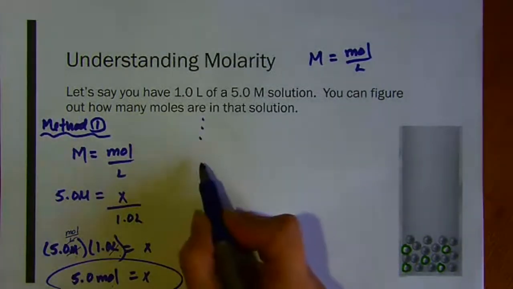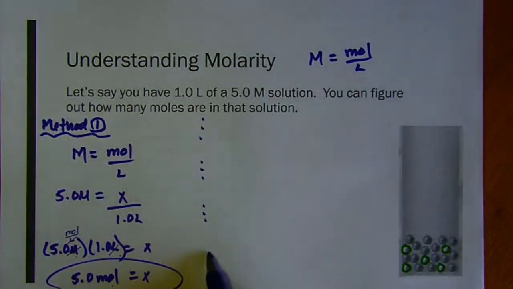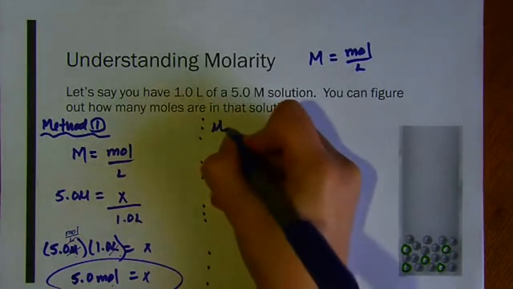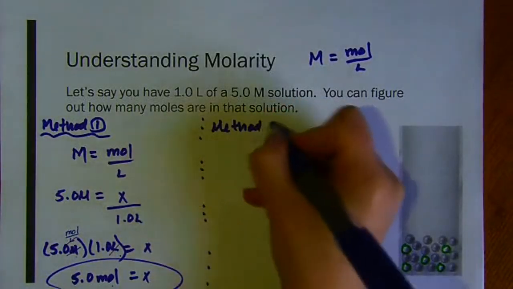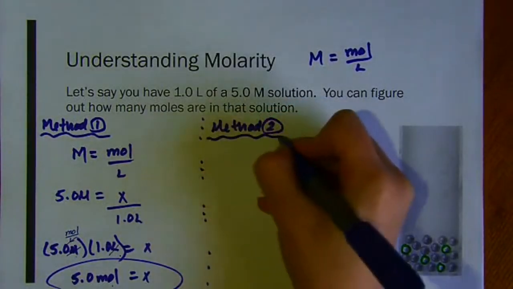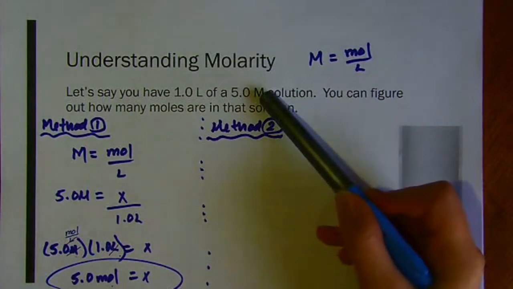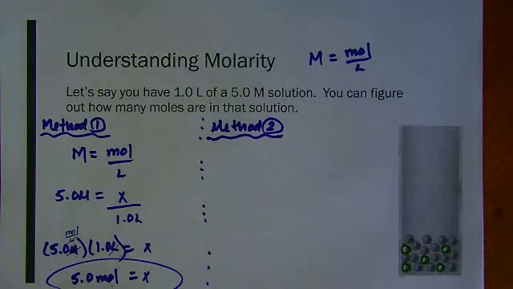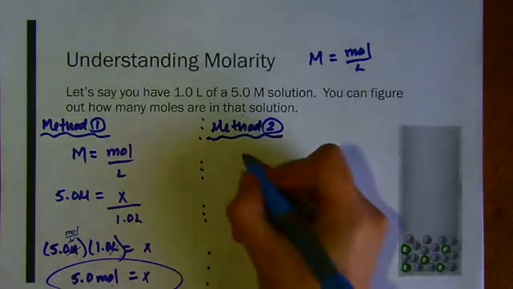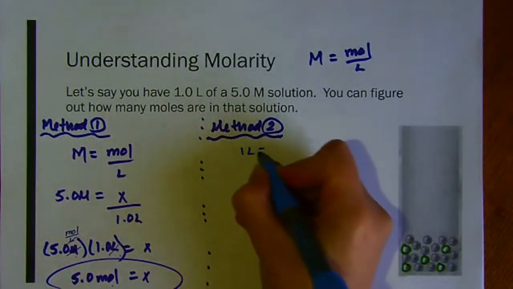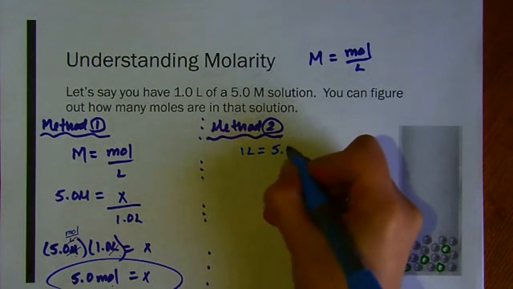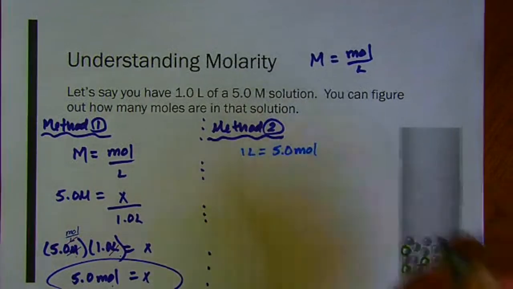Let's look at method 2. Using molarity as a conversion factor. Molarity is always going to be moles per liter, which we can use as a conversion factor. It's telling us that for every liter of solution, I'm going to have 5 moles of my solute.